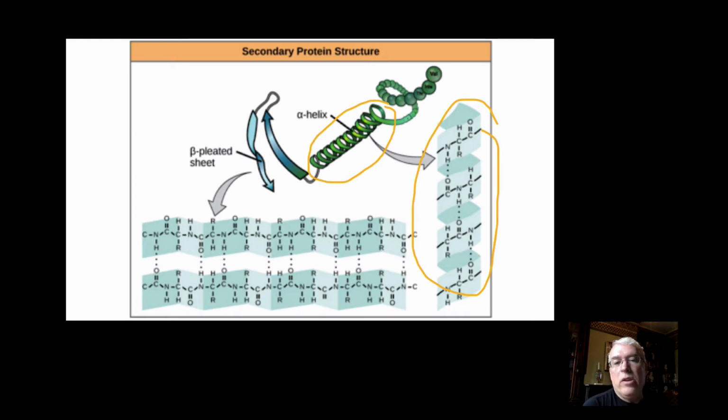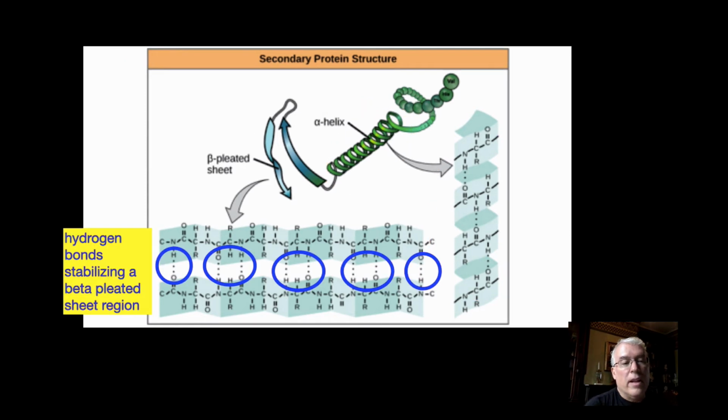So what I'm hoping you can see is this polypeptide is going to have different sections that are going to fold in different ways for the secondary structure. It can either pleat itself or it can coil itself into an alpha helix. Now, I want you guys to notice the little dotted lines. Okay, these dotted lines represent hydrogen bonding. So hydrogen bonding is going to be stabilizing the beta pleated sheet.